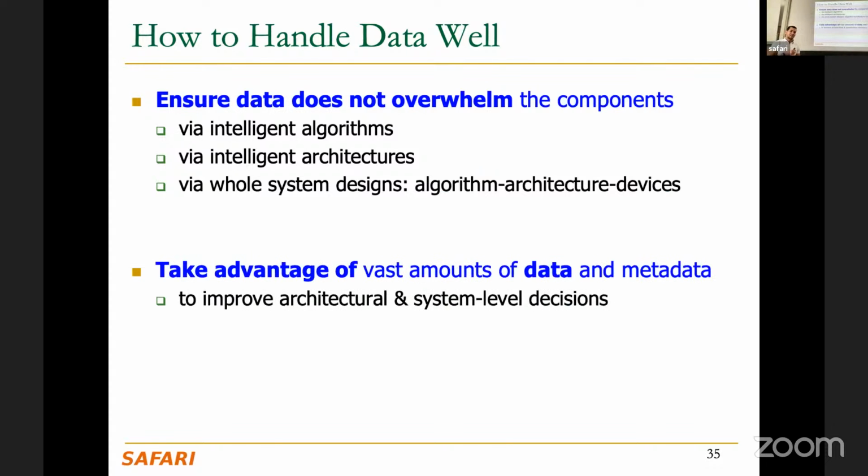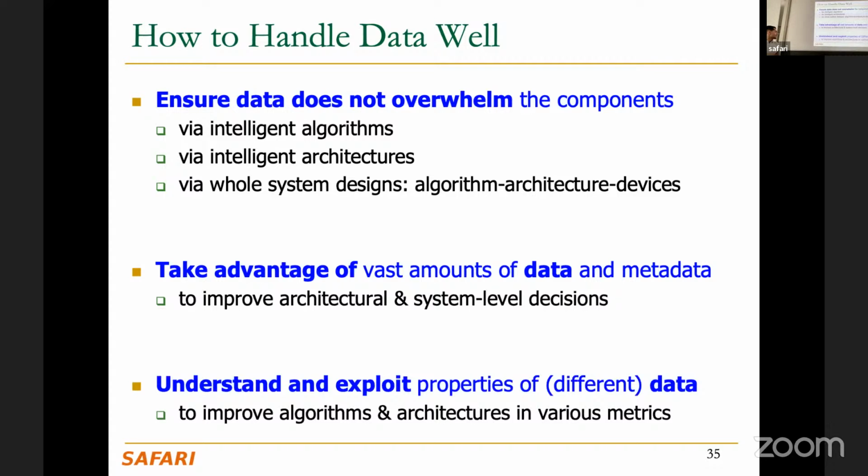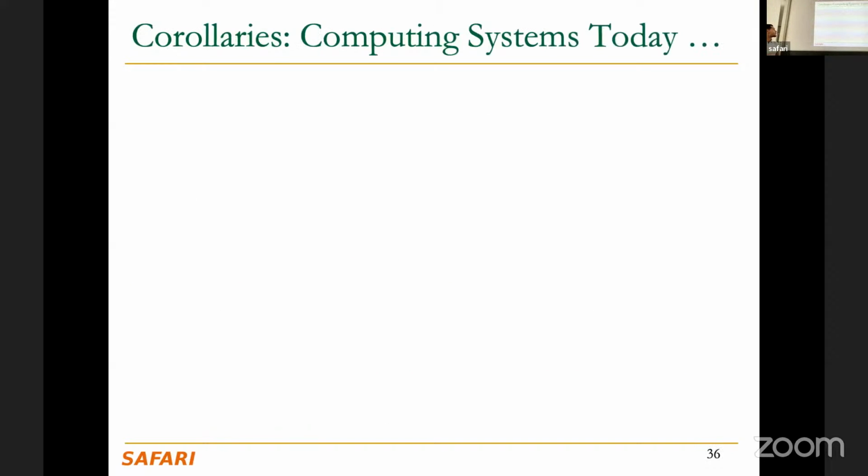We also can take advantage of the data itself to allow the system to be more aware of the properties of that data and how the data should be treated, using either metadata or better learning or better heuristics that use the characteristics of the data for computation. And also we can understand and exploit the properties of the data to improve algorithms and architectures today.